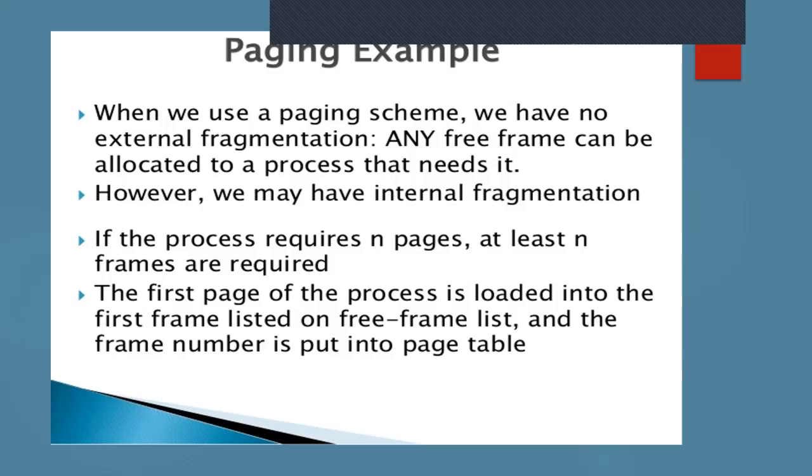The first page of the process is loaded into the first frame on the free frame list. What does it mean? It means it follows first fit, because the first frame listed is kept in the first free frame list. That means the first fit scheme is used and the frame number is put into the page table.